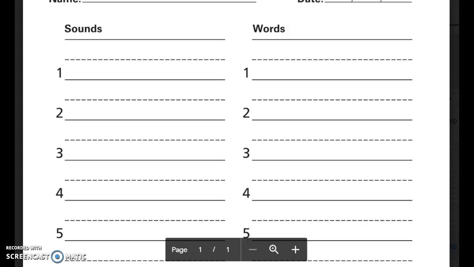Bed. Jump. Vest. Test. Belt. Lamp. Gift.